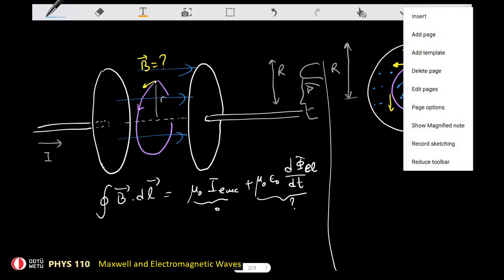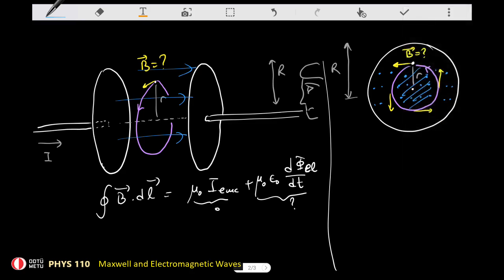So as a result, I'm going to do it in that corner. The electric flux, therefore, is equal to the area of the surface enclosed by the Amperian loop, which is pi r squared, where little r is just the distance of my point from the symmetry axis, multiplied by the electric field. Now, what's the electric field? I can use the parallel plate formula now.